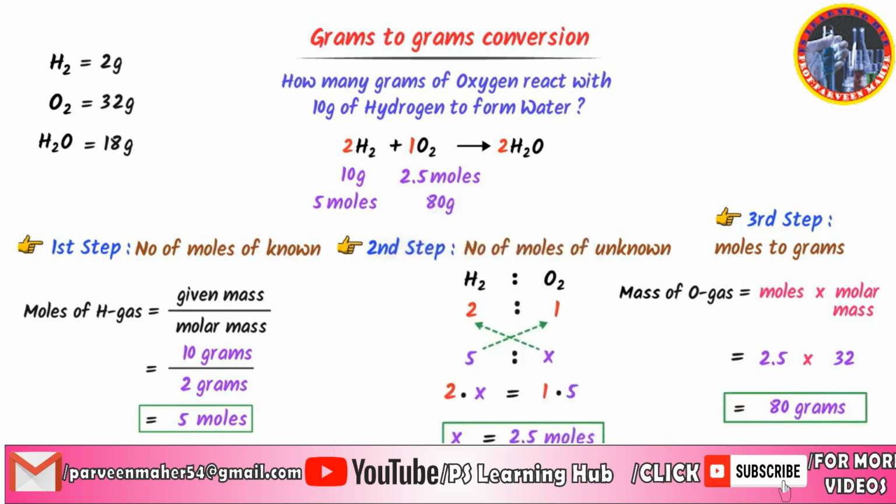Therefore, 10 grams of hydrogen gas react with 80 grams of oxygen gas to produce H2O. In such types of problems, remember these 3 steps. Firstly, I convert given mass to number of moles. Secondly, I convert number of moles to number of moles of the unknown species. Thirdly, I convert number of moles to grams. I hope that you have learned all about basic stoichiometry.